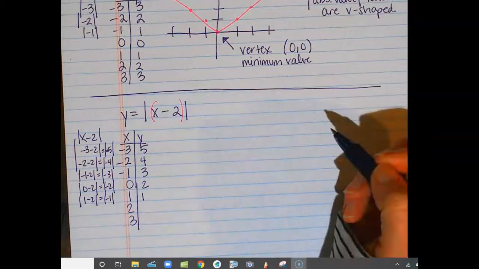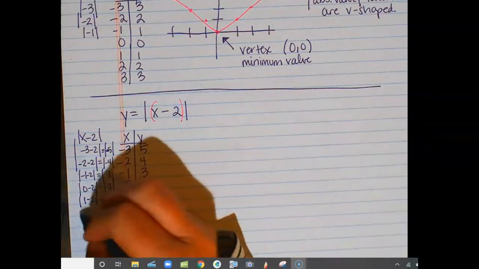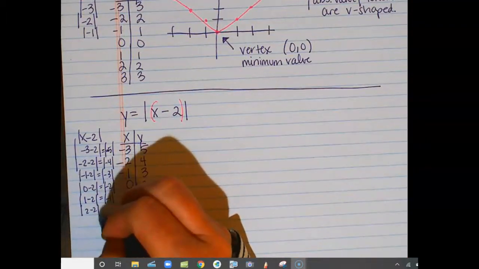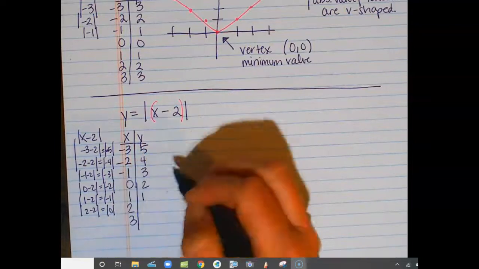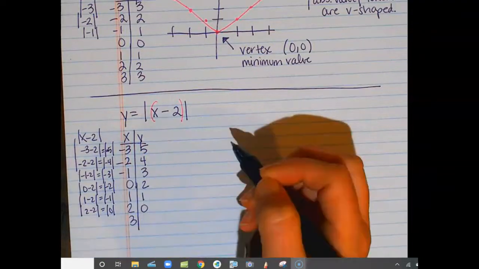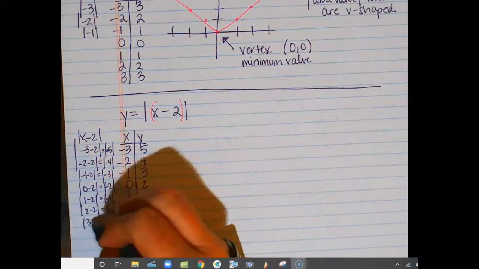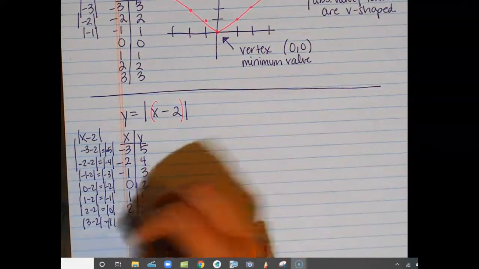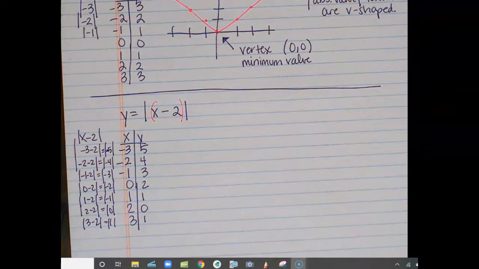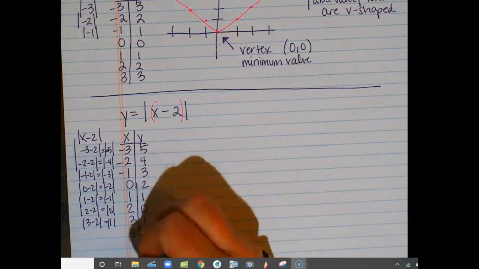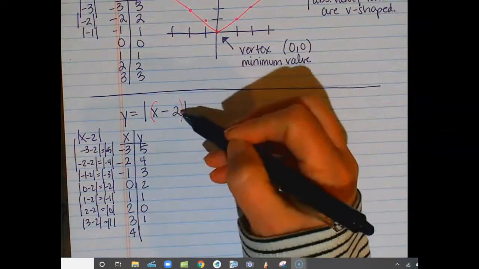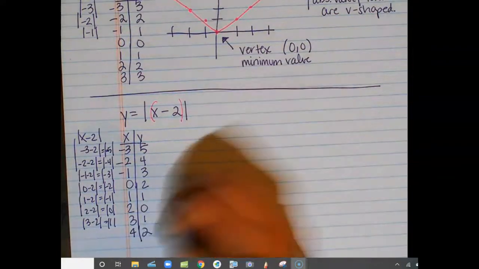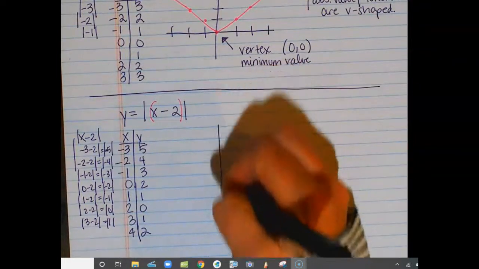Its absolute value is 1. 2 minus 2 equals 0, and that's 0. 3 minus 2 is 1, and it's an absolute value, but it's still 1. And then the positive numbers are just going to start to go up again. So real quick, I could add a 4 here and say 4 minus 2 is 2, and 2 is already positive, so I can graph that.